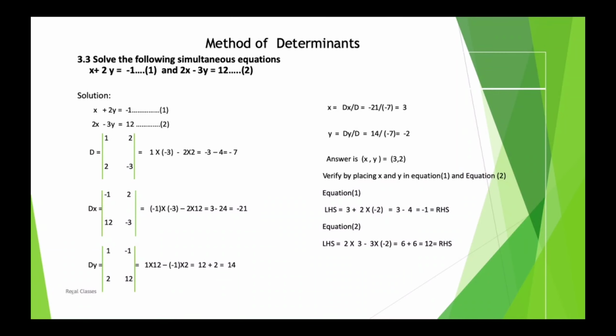We have the third problem, very similar. We have to express the equations in standard form. That is a1x plus b1y is equal to c1, a2x plus b2y is equal to constant.